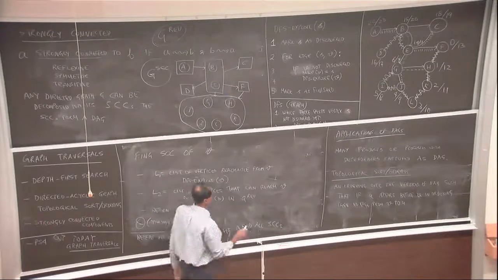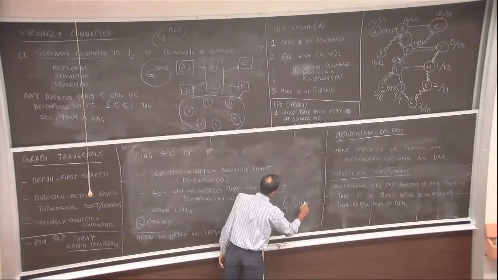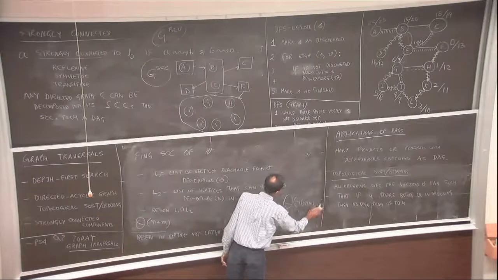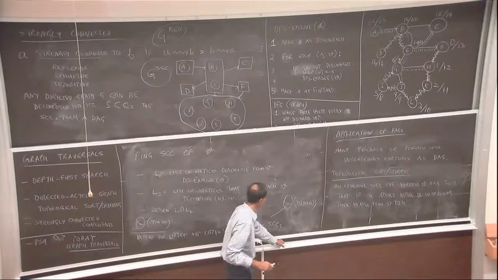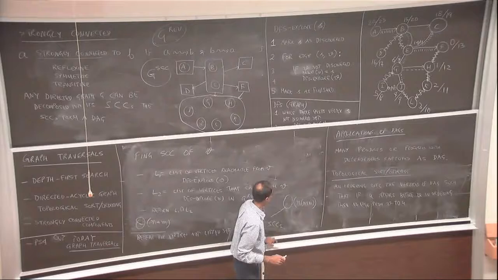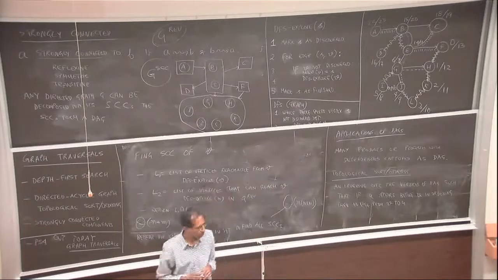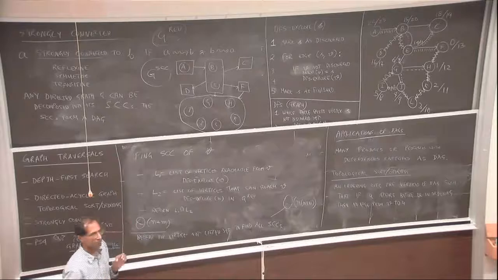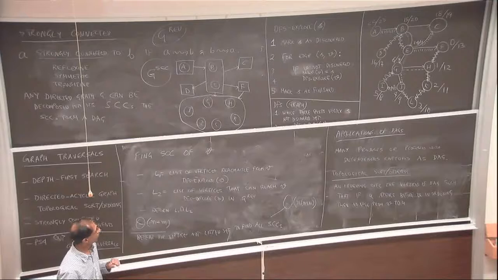So this running time would be worst case n times n. I'm going to write it as big O because I don't know whether it could be improved, but certainly we don't know whether it will take better than that. Okay, but here is a very nice algorithm that actually computes strongly connected components in linear time.